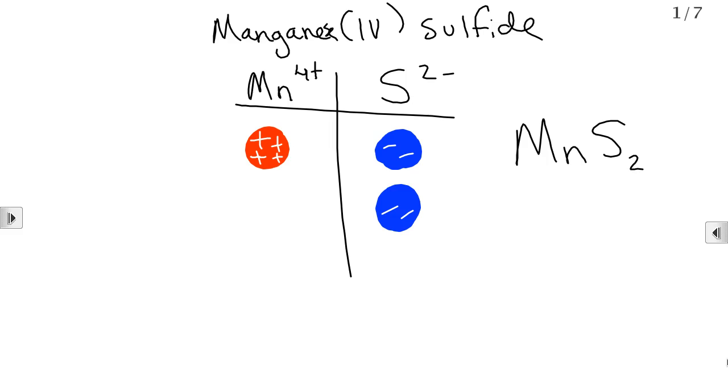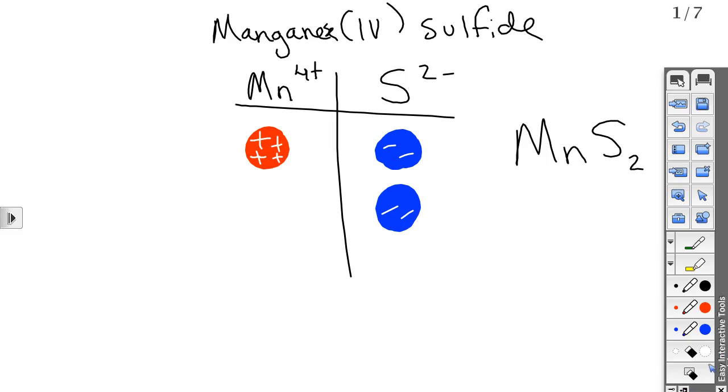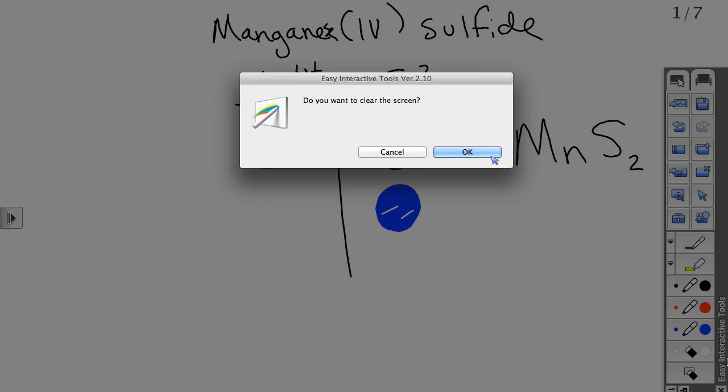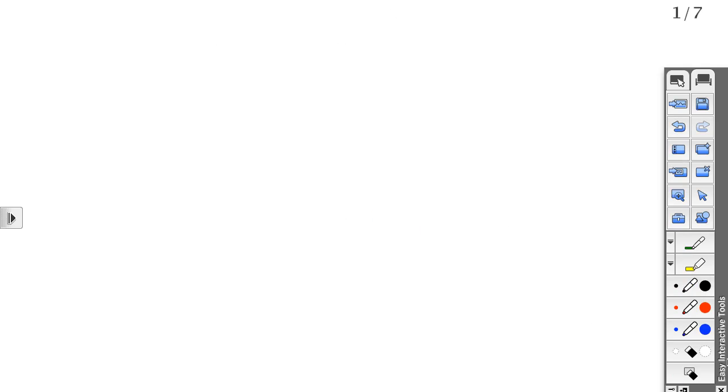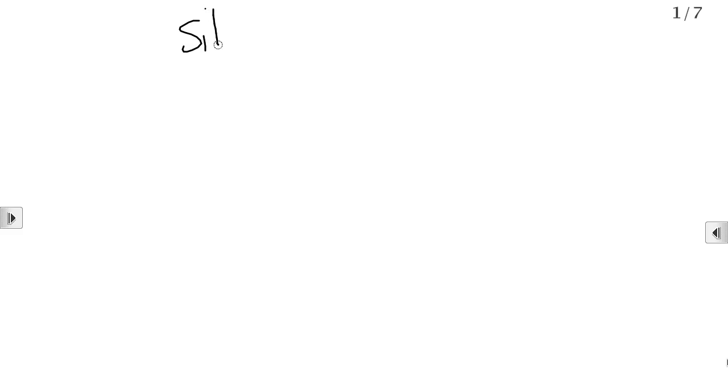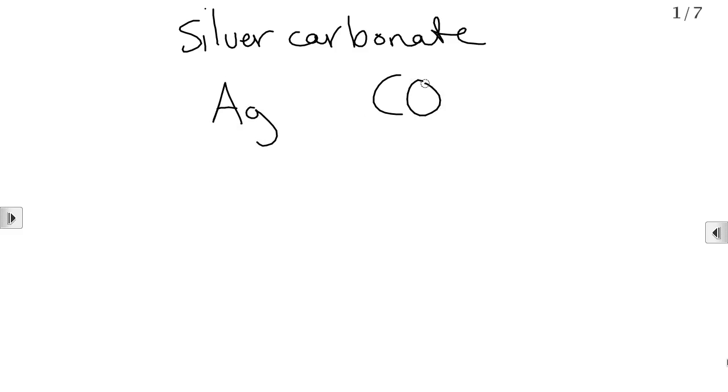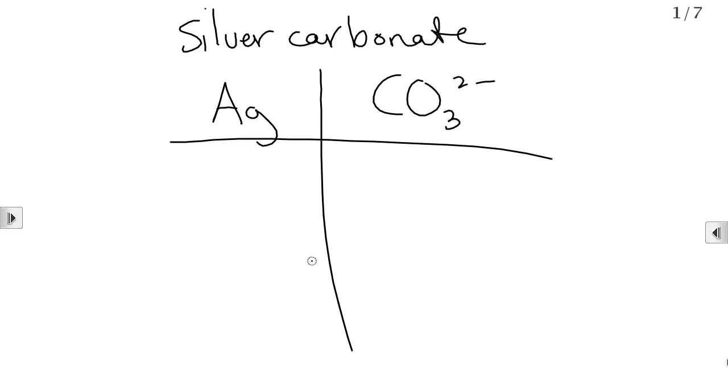Okay. So, we already did 3, we did 4. Silver carbonate. Now, I told y'all that silver was always plus, but some people still mess this up. So, silver carbonate. What is the charge always on silver, you guys?